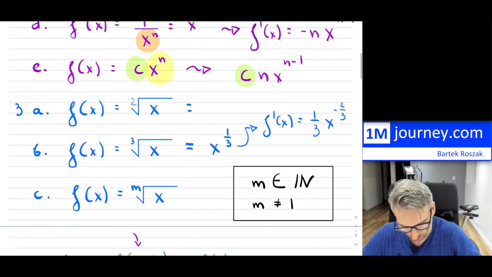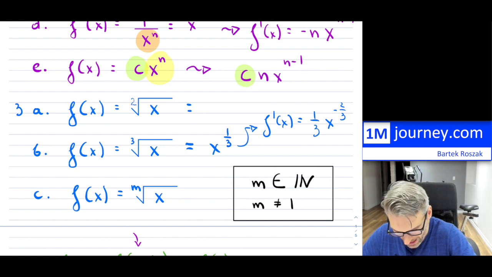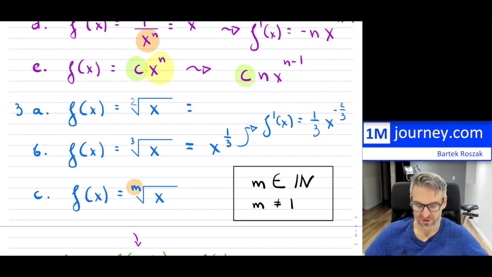So, what happens in the general case? I write here an m, where m is some natural number. It's not equal to 1, because the first root of 1 is just x on its own.